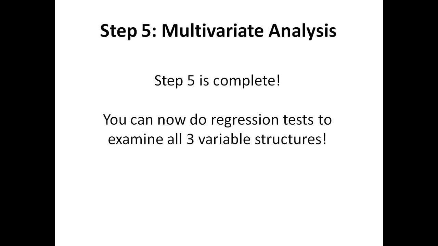All right, the good news is that the multivariate analysis, step 5, is now complete. Now you have seen how to do regression tests looking at all 3 variable structures, meaning linear for continuous, binary logistic for categorical with 2 categories, and multinomial for categorical outcomes with 3 or more categories.